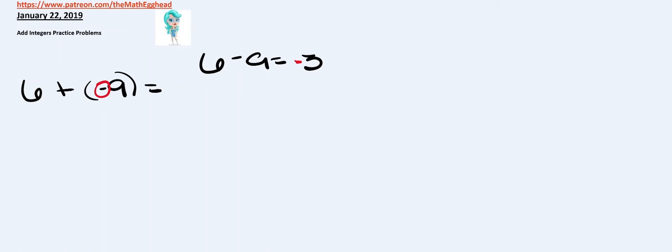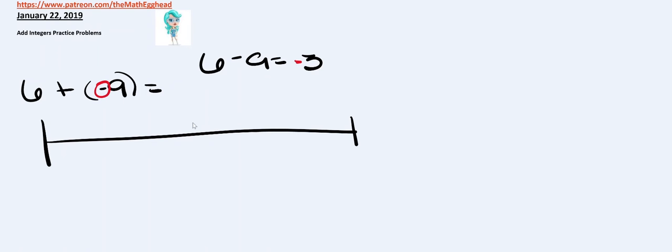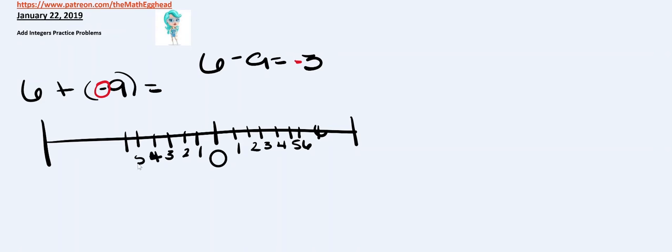Now, for those who like to use the number line real quick, let's go ahead and see how this would look on the number line here. So this would be 0, 1, 2, 3, 4, 5, 6.